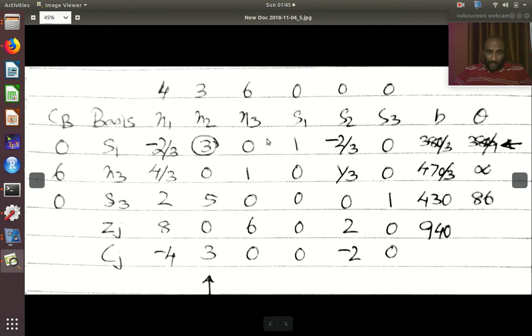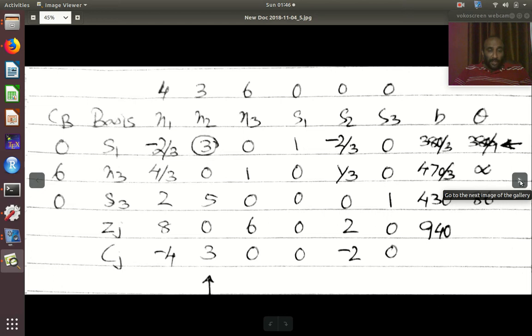So this is 3 here, so 380 by 3 divided by 3 is 380 by 9. This is 470 by 3 divided by 0, which is infinity, and 430 by 5 is 86. Considering these three, this is the lowest one, so S1 has to go and x2 has to come in, which means 3 is the pivotal value here.